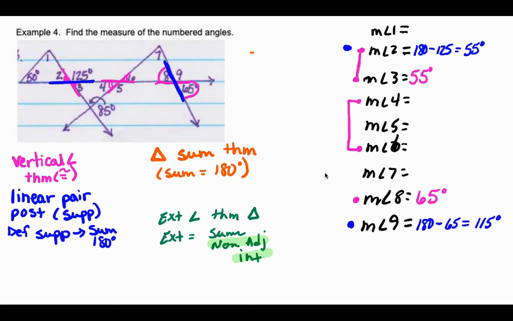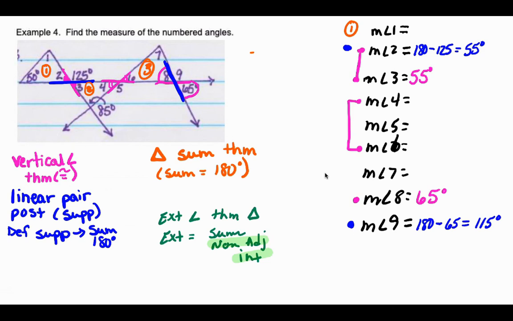Our newest information is about our triangles, and we have the triangle sum theorem. There happens to be 3 different triangles in this picture. We can use the first triangle to find angle 1.